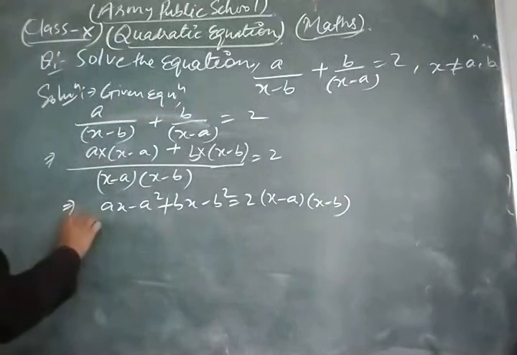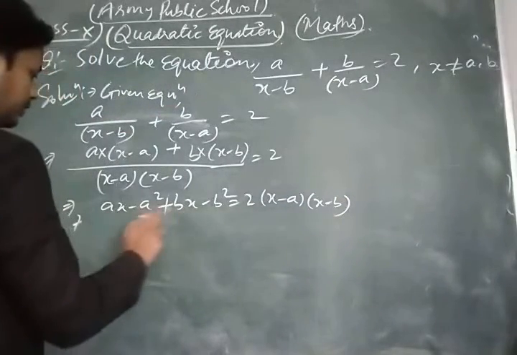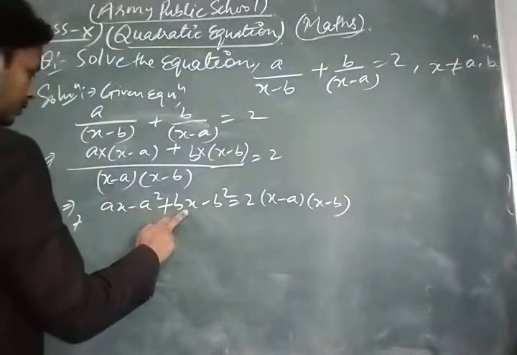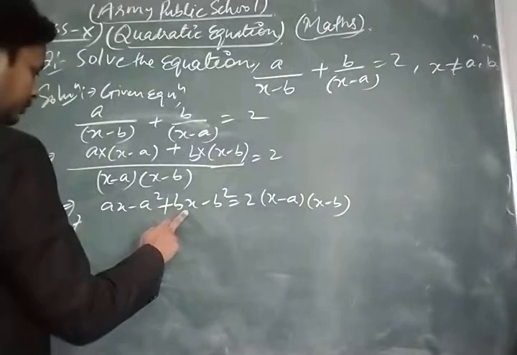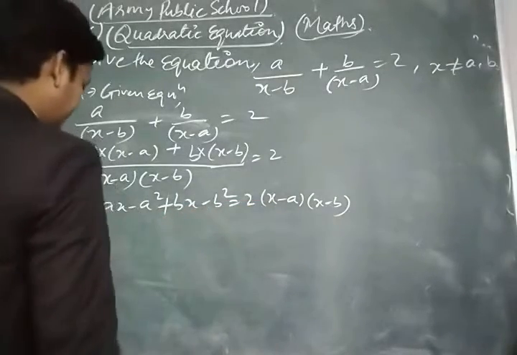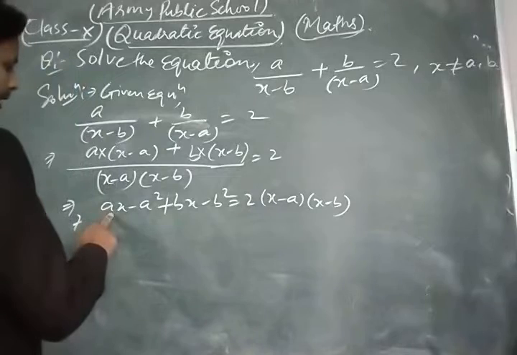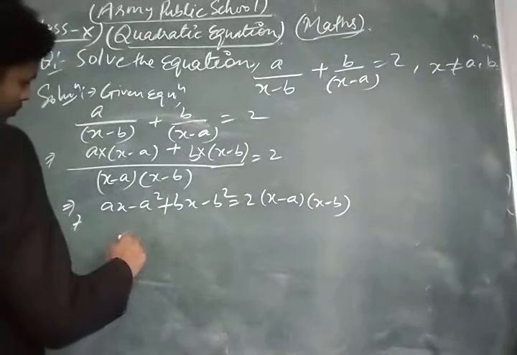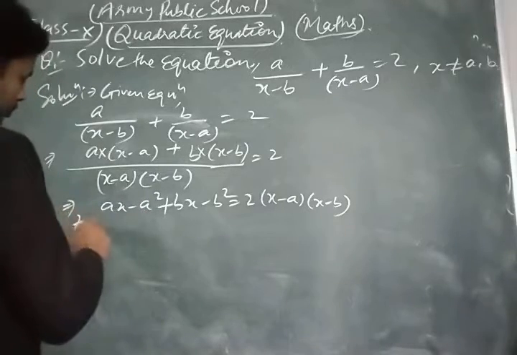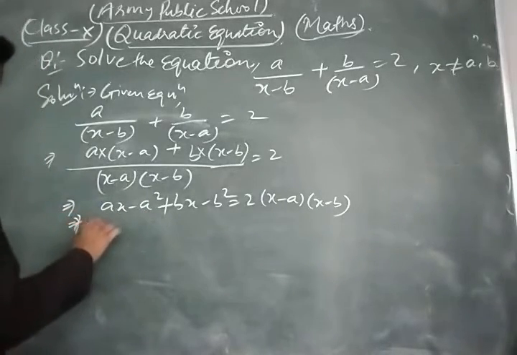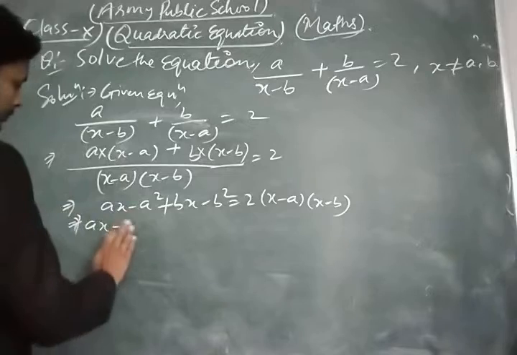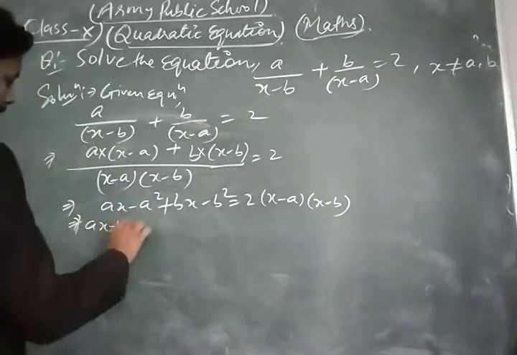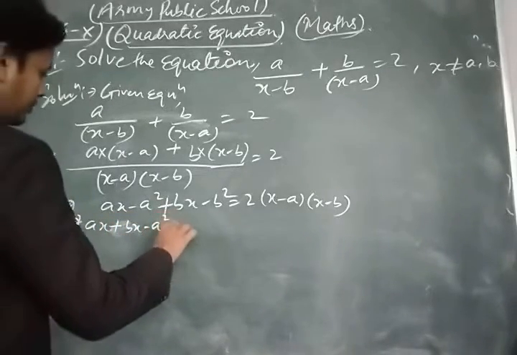Now look, we multiply them. So this is ax plus bx minus a square minus b square.